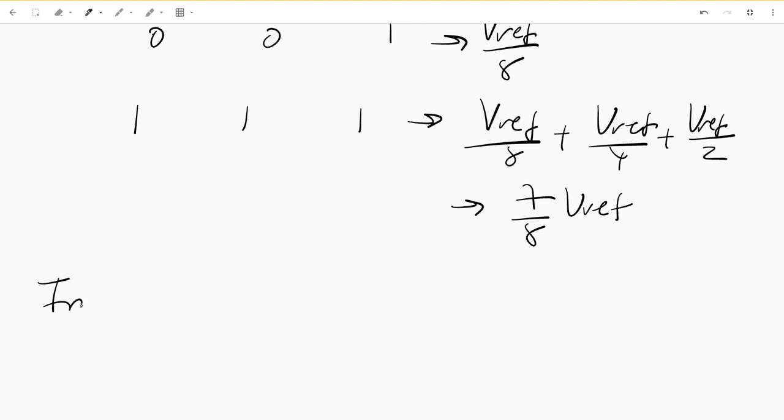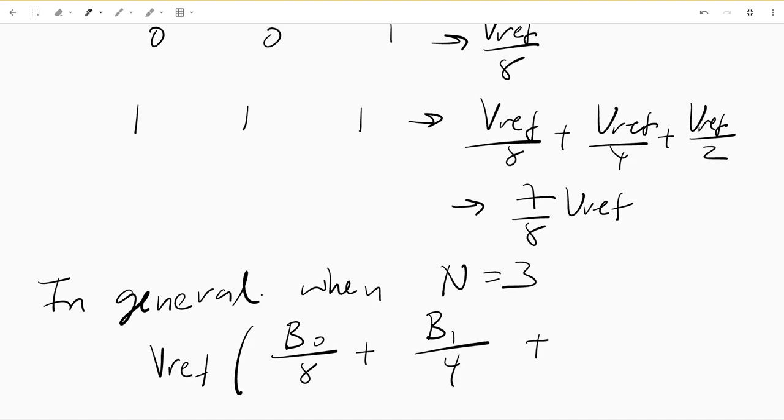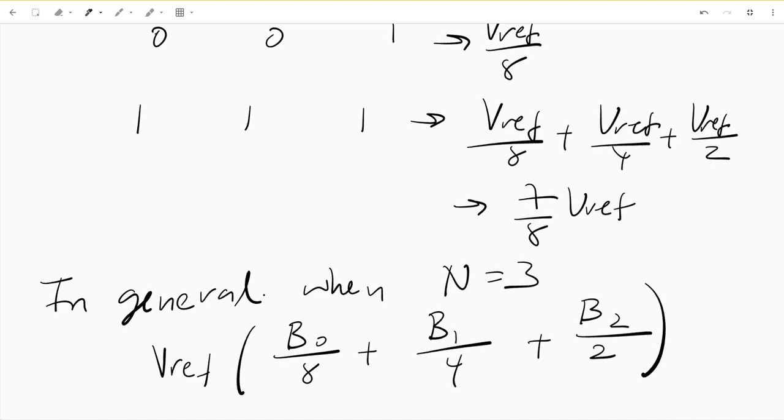And now in general, we can generalize this equation. When n is equal to 3, Vref times B0 over 8 plus B1 over 4 plus B2 over 2.